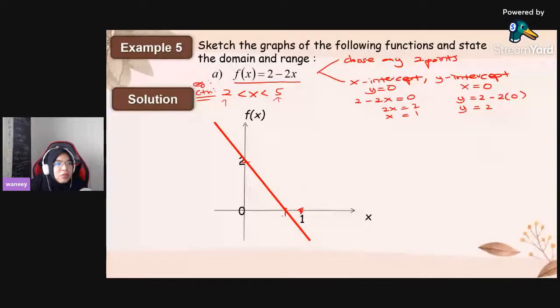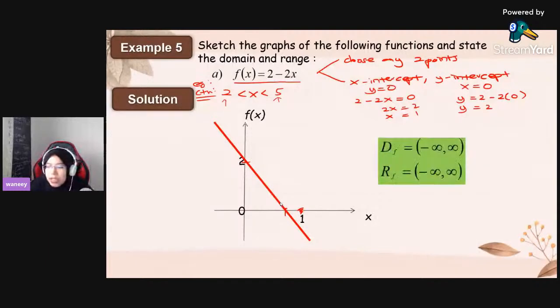Now I don't have any restriction, so the domain will start from negative infinity until infinity. The same goes for the range: negative infinity until infinity. If you don't want to write negative infinity to infinity, you can also use the real numbers, which means all numbers. So that is the first one.